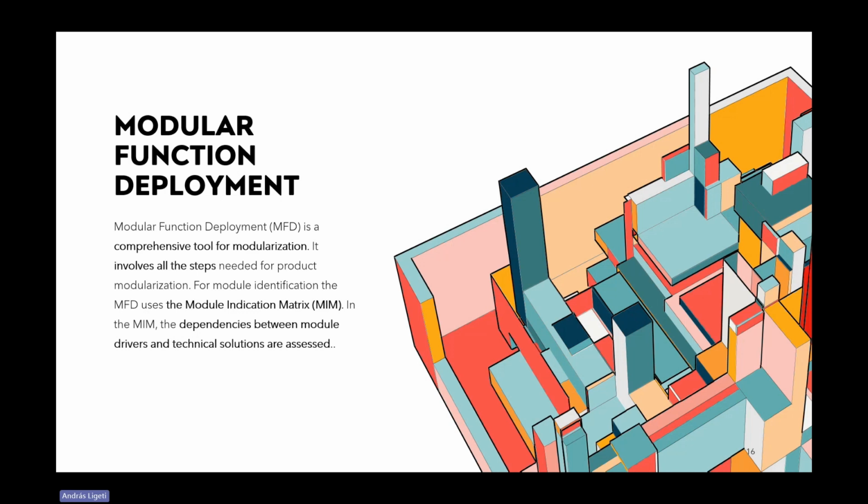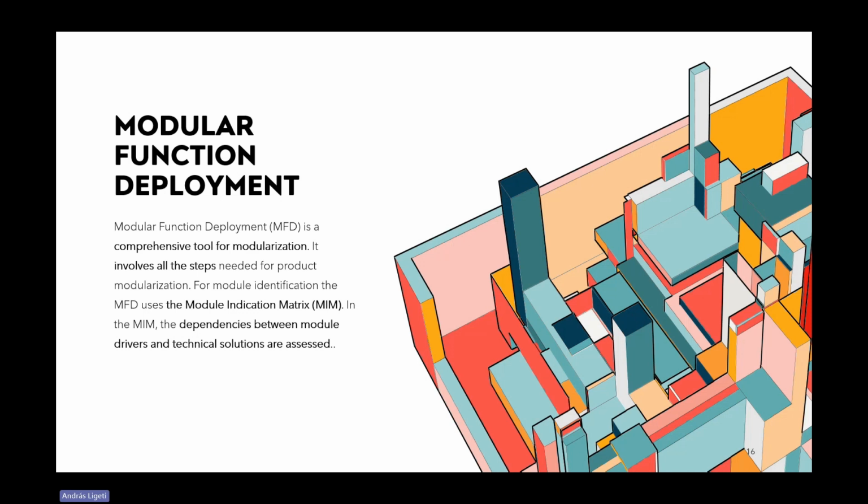As I mentioned at the beginning of the presentation, first you need to identify the customer needs, then you have to create functions and solutions, and then you have to cluster those functions, solutions, or components into modules. Then you have to design the interfaces, and at the end you have to define the variants. And the modular function deployment includes all these separate steps.